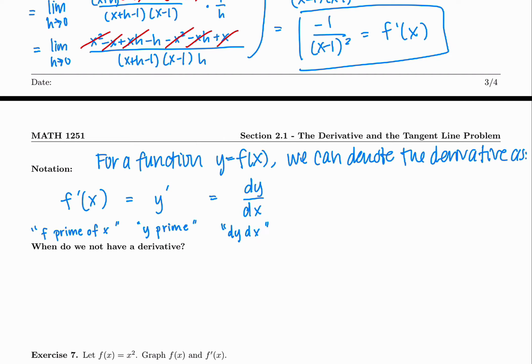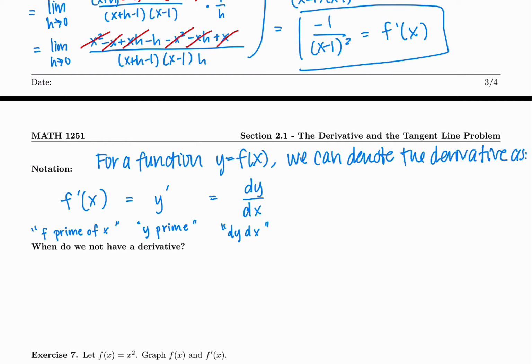What this one means is the derivative, that's what the d kind of is, derivative of y with respect to the variable x. Later on, if you're taking multivariable calculus eventually, you might be taking the derivative of a function with lots of variables, so you want to be very specific of what variable you're differentiating with respect to. It might be with respect to x, with respect to z, with respect to w, who knows.